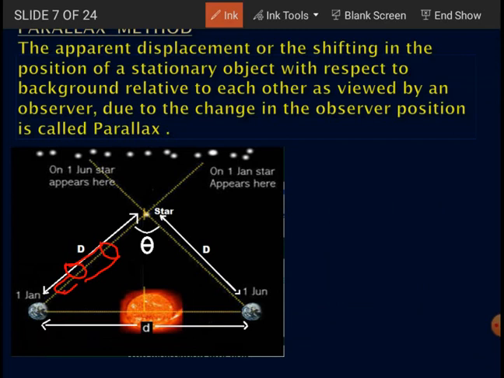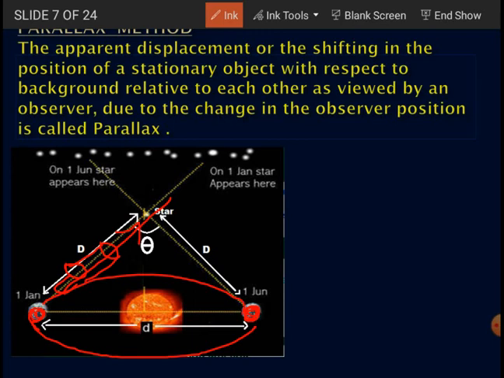So this will be the line of sight if you are observing from this position. Now you need to wait till it comes to the 1st June. That means when it comes here on the 1st June, the earth will be here when you go round on its orbit.